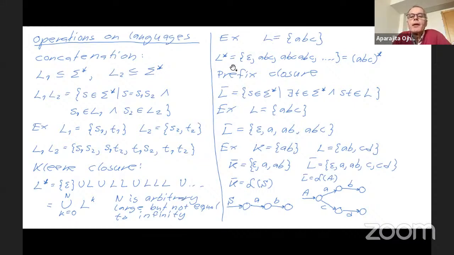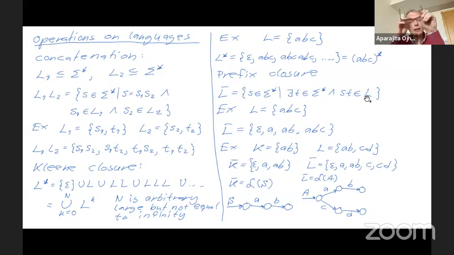For instance, the Kleene closure of the language including only the string ABC is L star, which we denote by ABC with a star on that string.